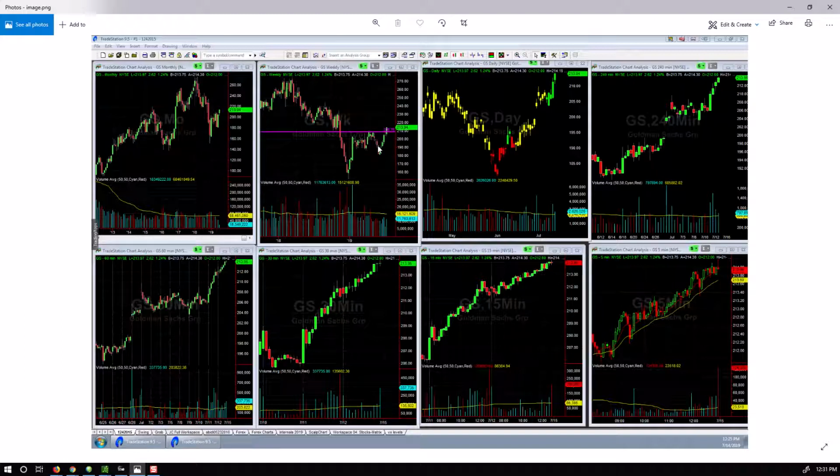All right, so the next place this stock wanted to go is the previous high, or the previous pivot high, which I consider to be roughly about 210.